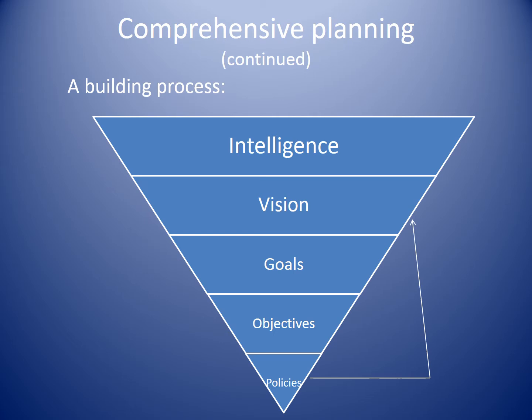Not included on this is that the comprehensive planning process does include, as a crucial aspect, monitoring the results to see if we're proceeding in a way that will achieve the vision that we have of our community.